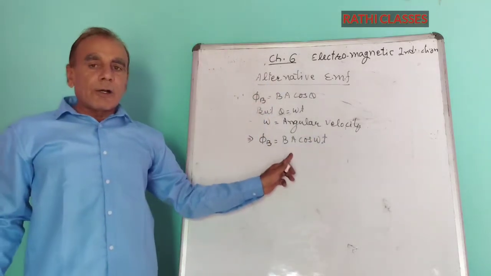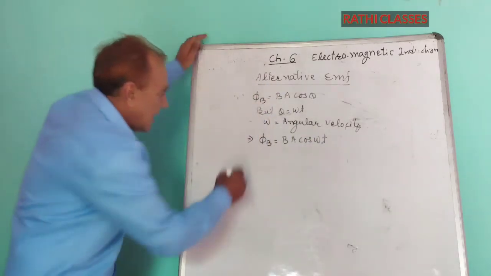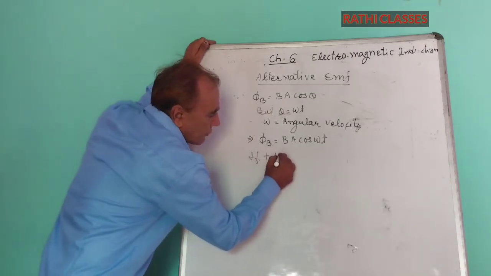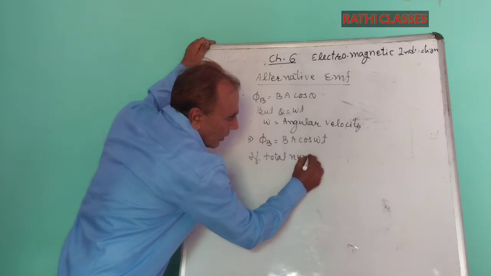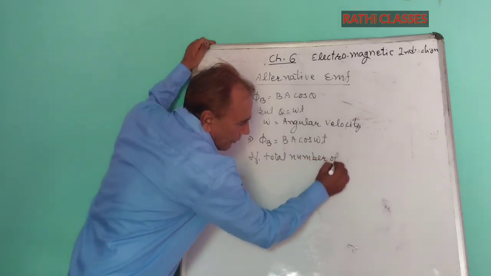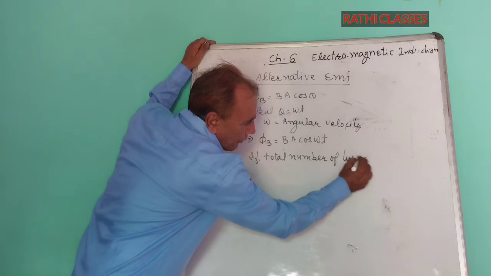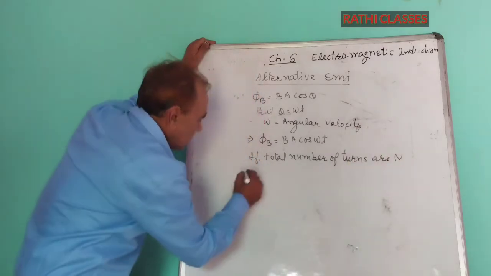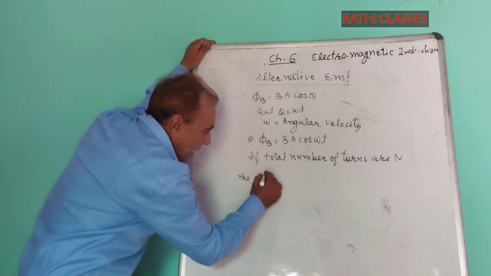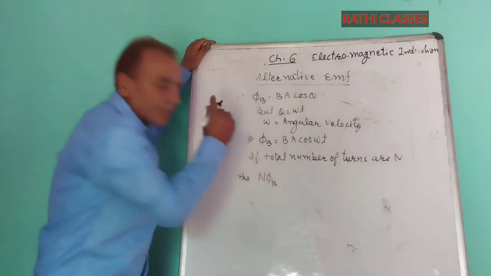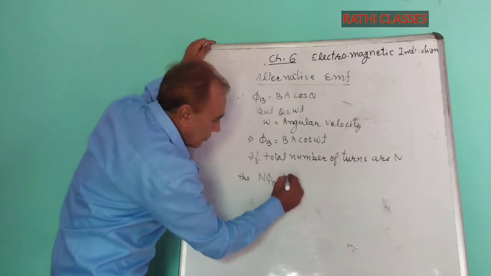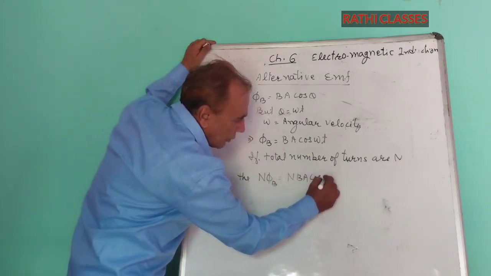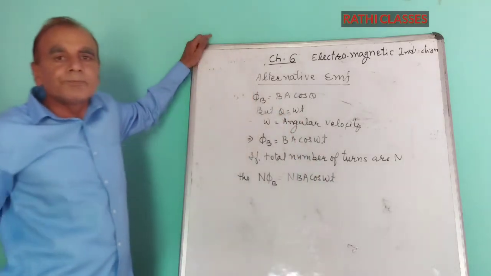If the total number of turns is n, then n phi B is equal to n B A cos omega t.